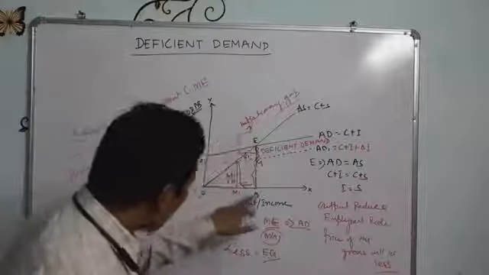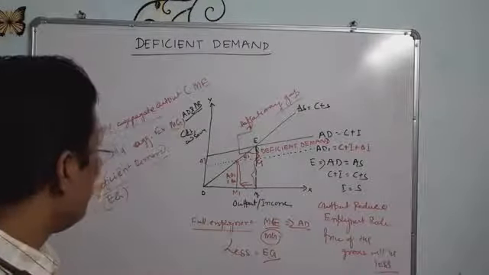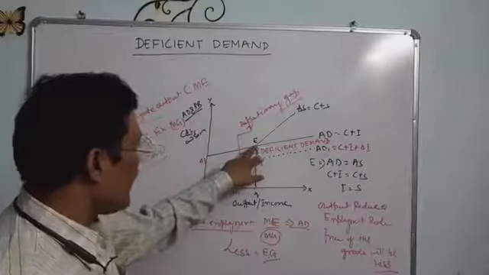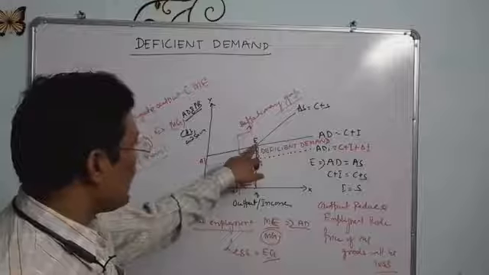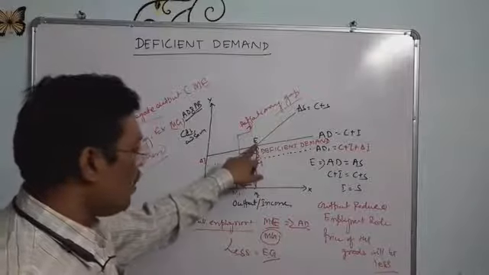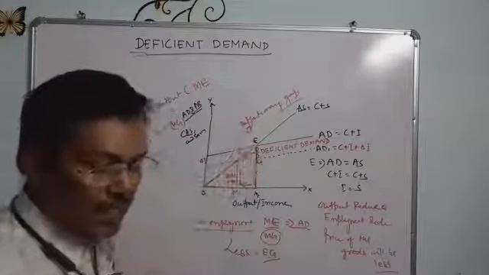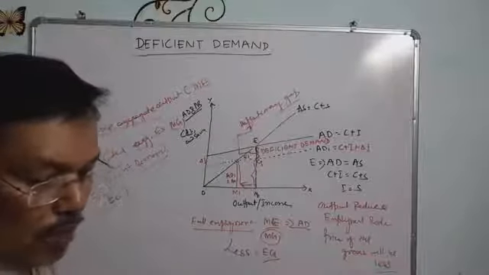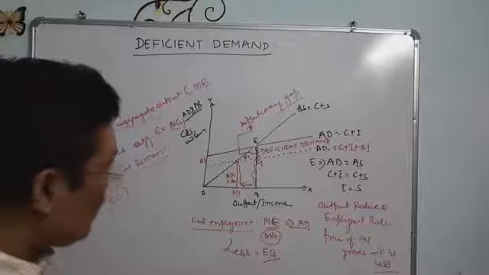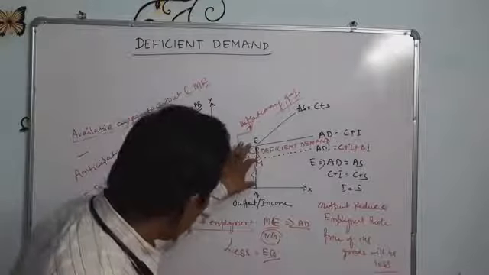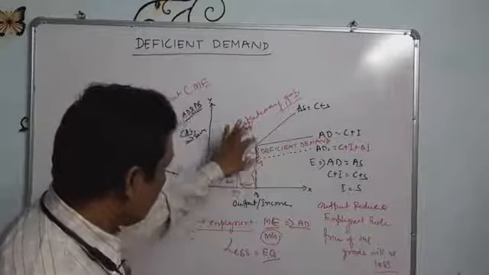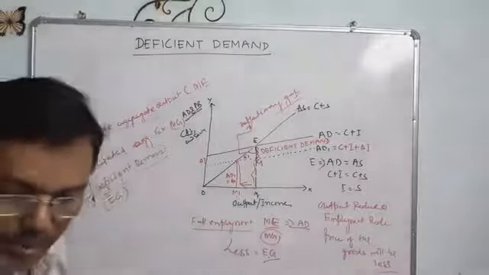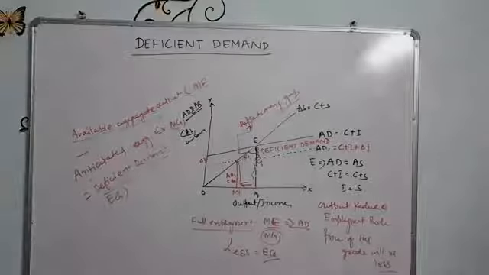Available output is OM, or we may say this is consumption and investment as well as aggregate supply. So in this case we may say that the excess of available output over anticipated expenditure, this much at the level of full employment, is called deficient demand or the deflationary gap.